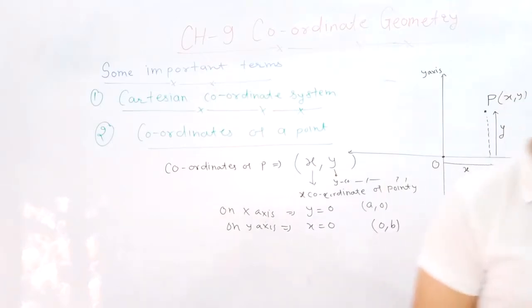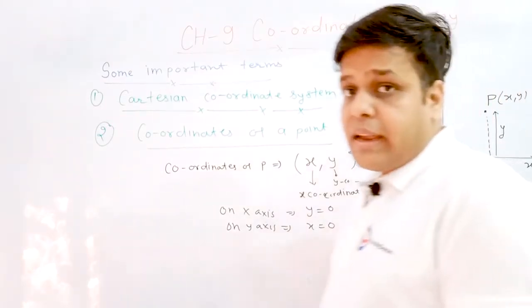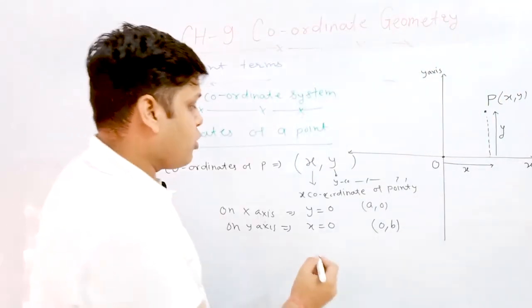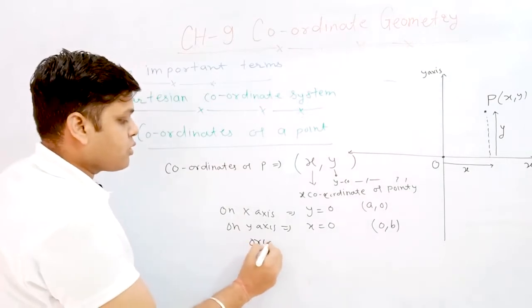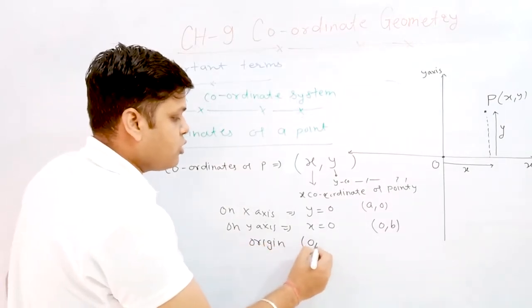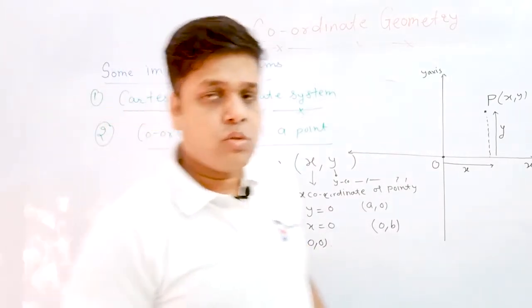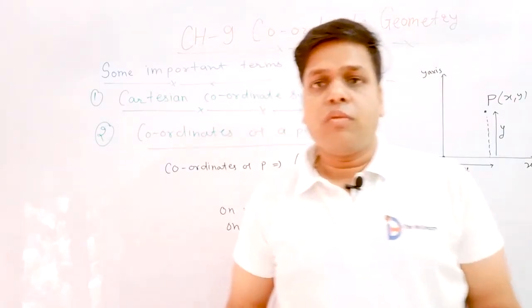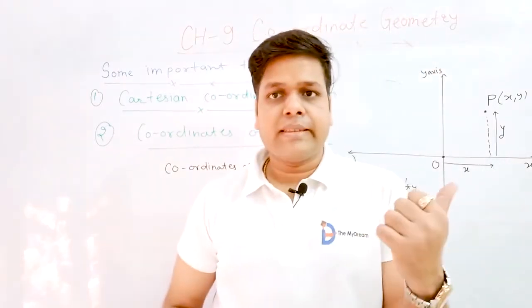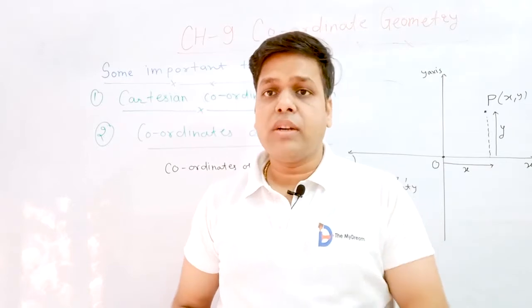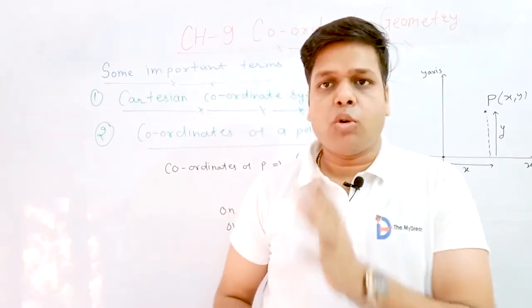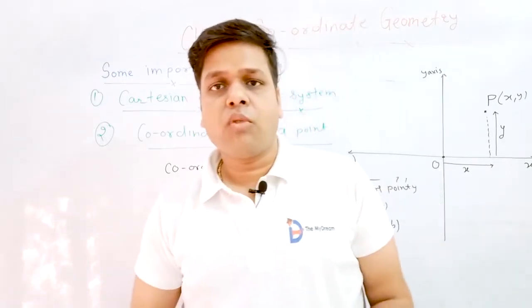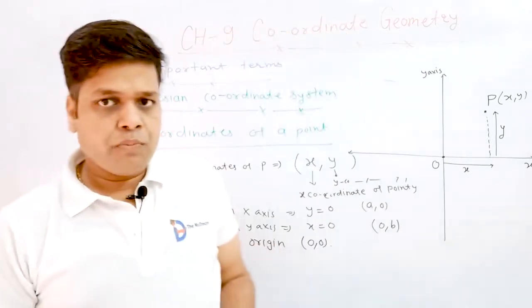So this is the main part, and the coordinates of the origin are (0, 0) because we do not move towards the x-axis as well as towards the y-axis. So the coordinates of point O become (0, 0).